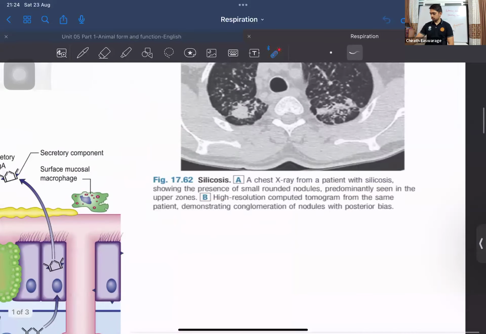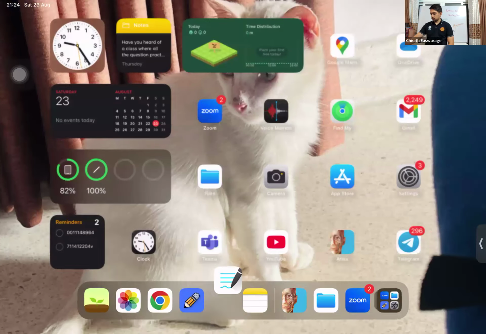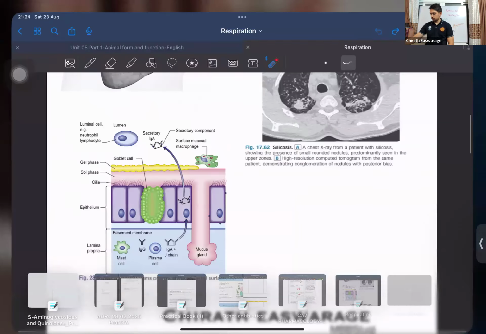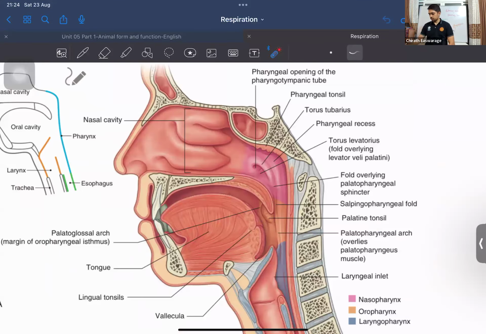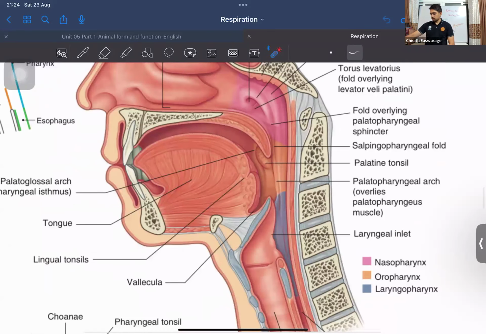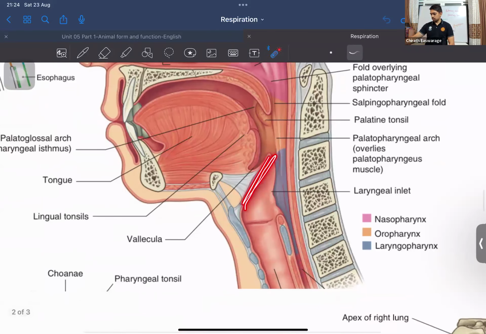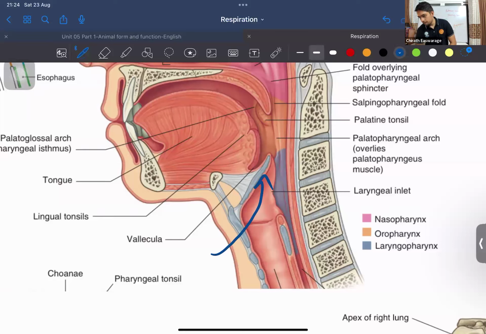Okay. So, this is sort of a cross section. You can go through this in your leisure time. What I told you, you can label this, right? Please label this. What is this structure? Anyone?